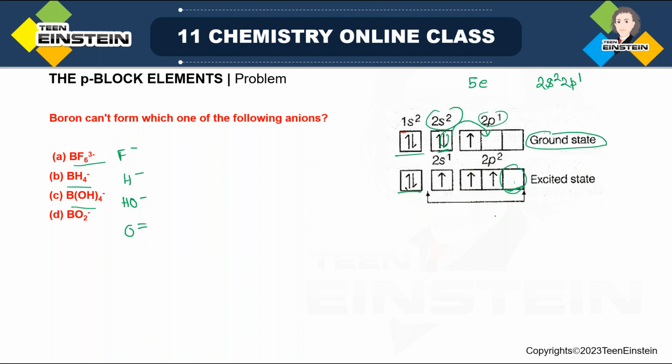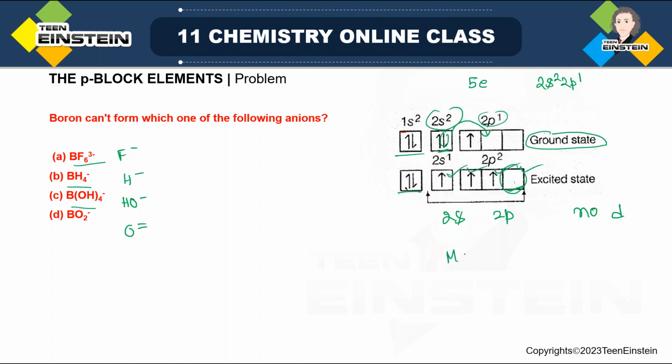But the important point is after 2p and 2s, there is no d orbital. So further there is no such orbital. But in case of aluminium or gallium, there are extra d orbitals. It is true that they are vacant, but still d orbitals are present. But here that is not possible. So we are getting only total 4 orbitals.